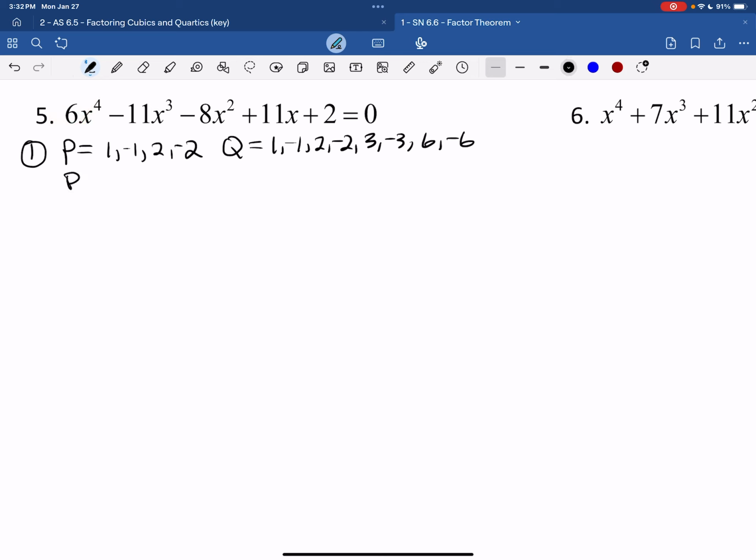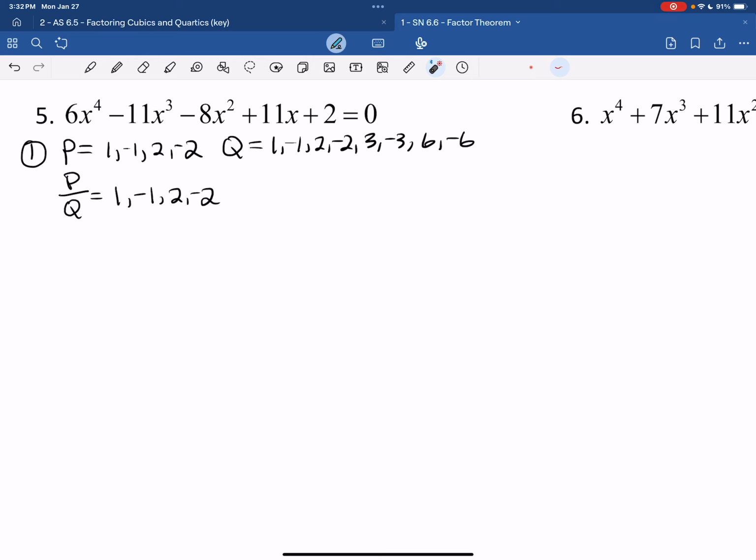So P divided by Q: if you remember from last time, when I take this list and divide by 1, it just repeats this list, so I'll have 1, -1, 2, and -2. And when I divide by -1, I get this list again, because I've already got my pluses and my minuses.